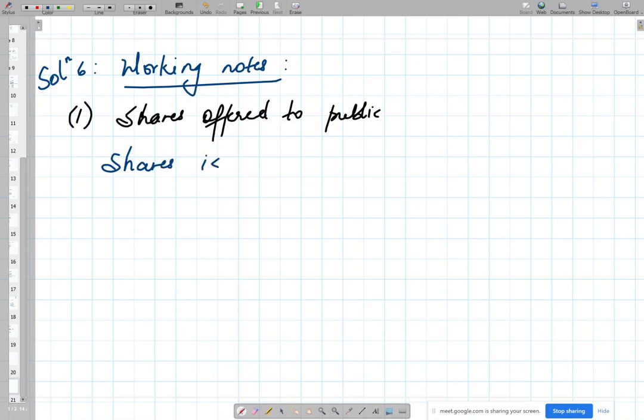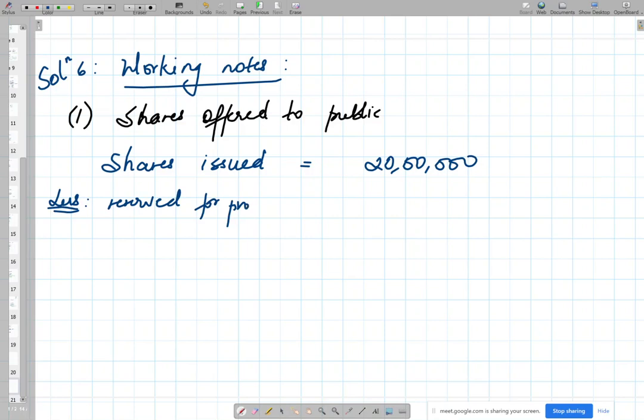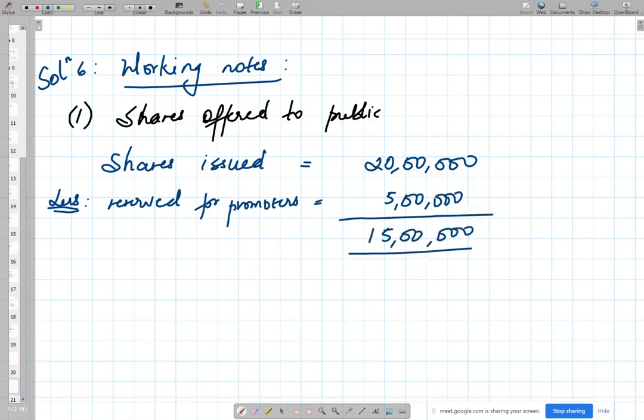Shares issued, total 20 lakh. Of this minus reserved for promoters. These many were given to the promoters, that is 5 lakh, which means only the balance 15 lakh were offered to the public. Is it clear?